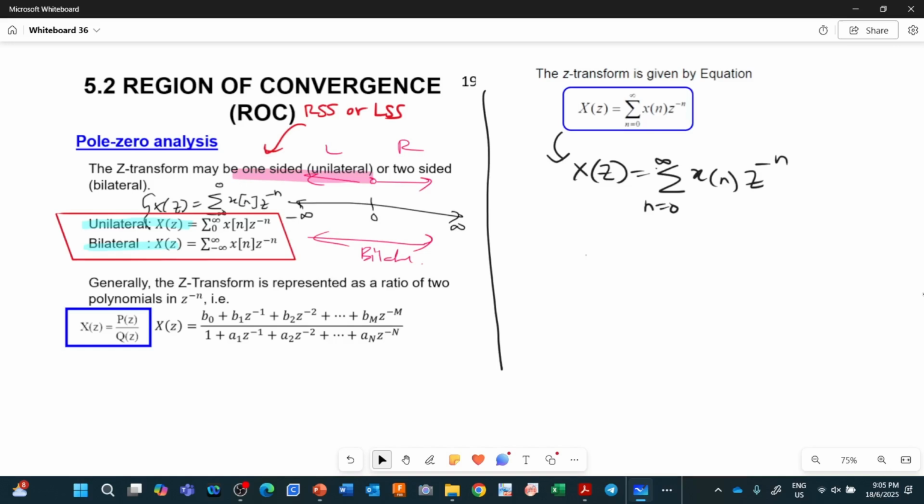Of course, this one is for the right-sided sequence. For the left-sided sequence, you have minus infinity to 0 of x(n) z^-n. So this one will be the left-sided sequence.